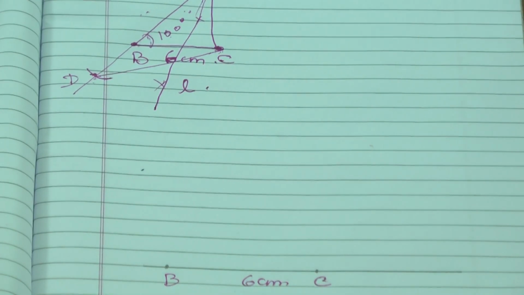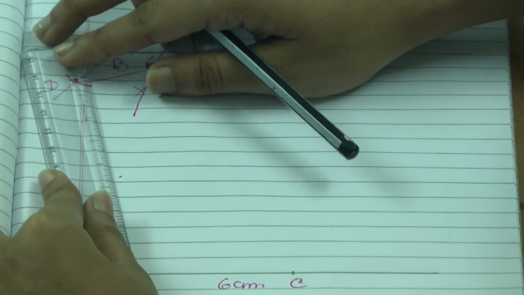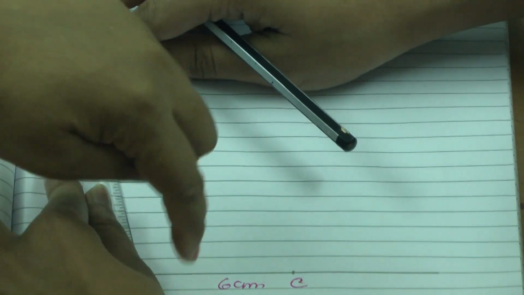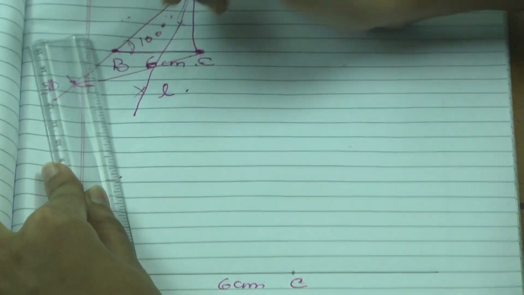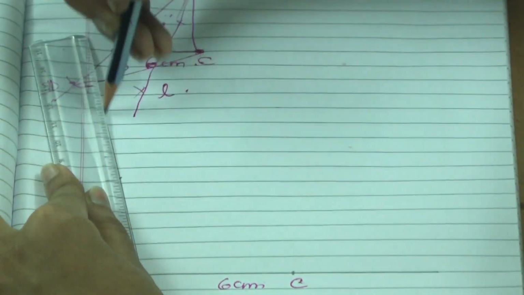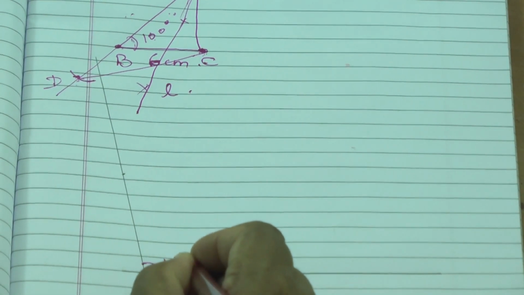Draw the line which joins this point and point B. This is your 100 degree angle.